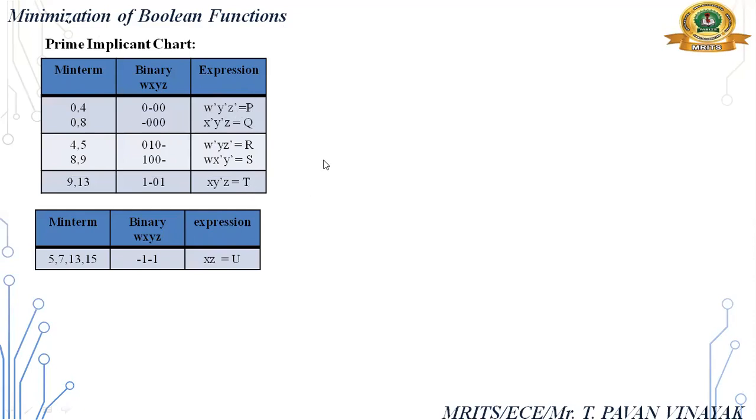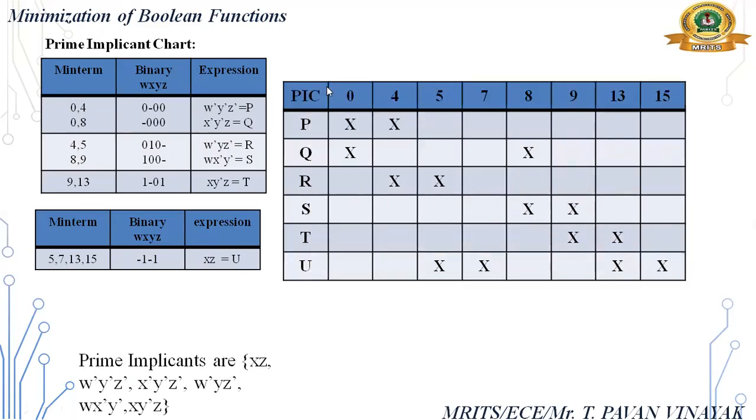Okay. Prime implicant chart. What is a prime implicant chart? Rows consist of prime implicants, columns consist of minterms: 0, 4, 8, 5, 7, like that. So this is the prime implicant chart.